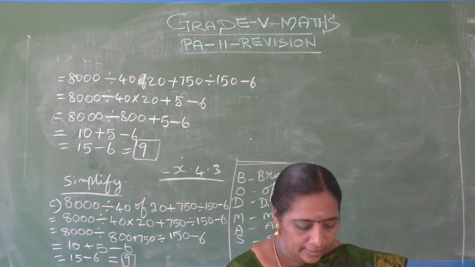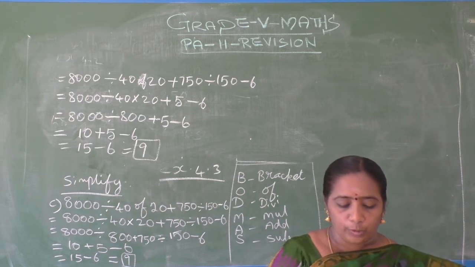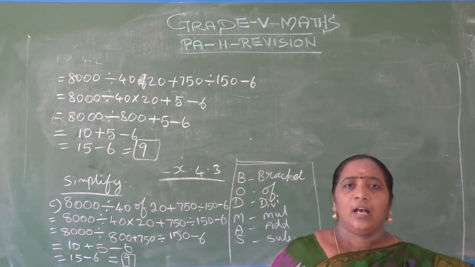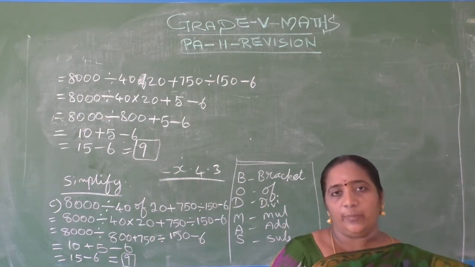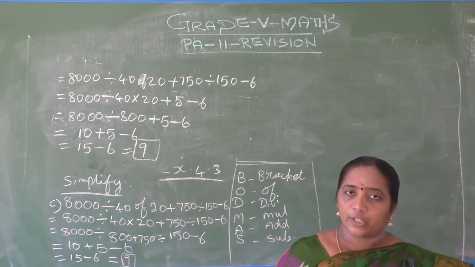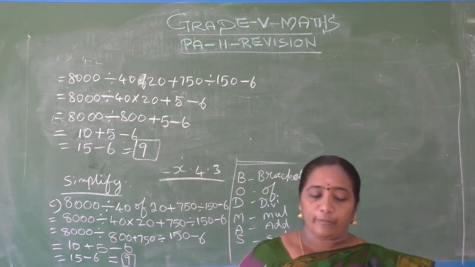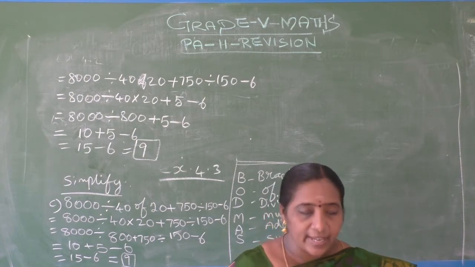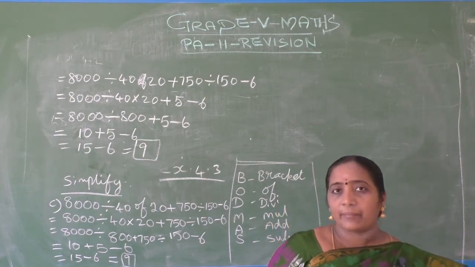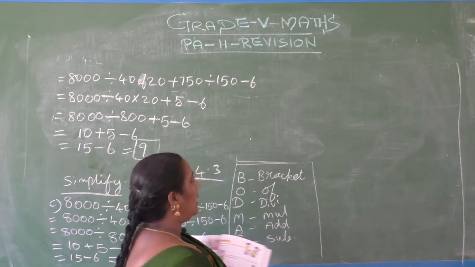Then in exercise 4.4 we have seen all 4 operations word problems: addition, subtraction, multiplication and division sums. In 4.5 we have seen the average sums. One more time I will remind you how we have to do the average sums.